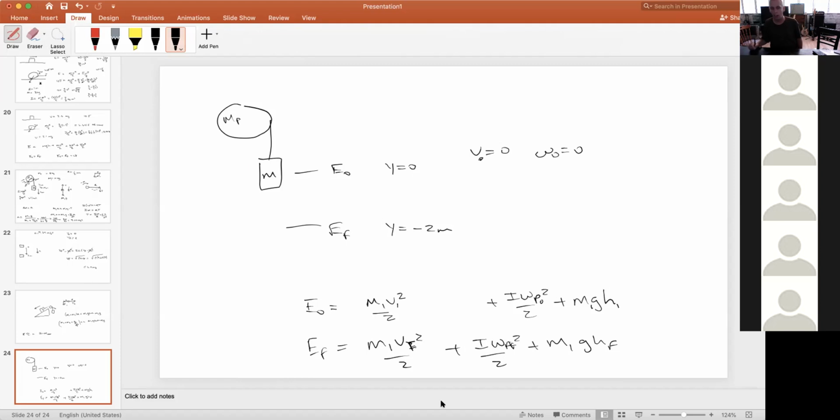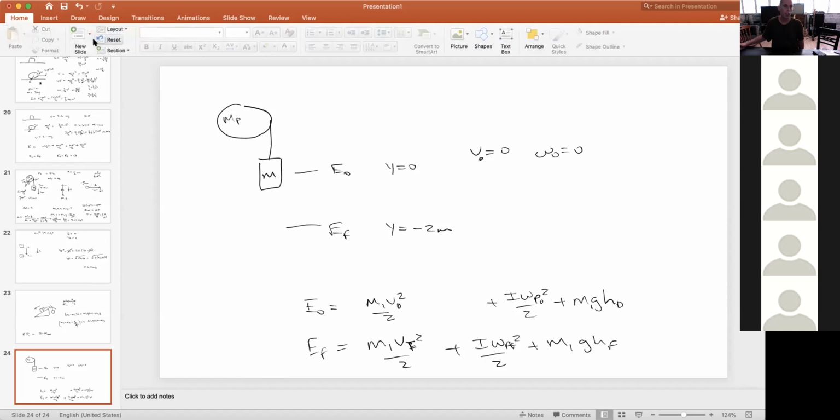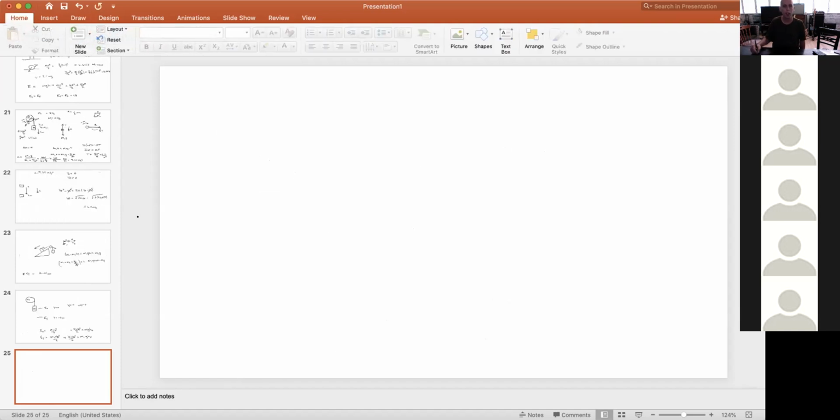Whatever your indexes are though, between 1 or initial. So setting those two energies equal and just adding the energy of rotation gives you that equation. And then I'm going to write it nicely right here.